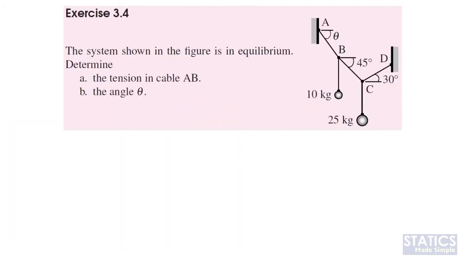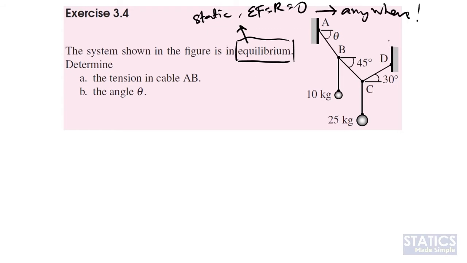For example, one of the questions might be something like this. One thing to note is when we say that the system is in equilibrium, it is static, right? Or basically, in terms of equation, the summation of forces, or basically the resultant, is equal to 0. Basically it should hold anywhere, at all points. So in this case, the summation of force is 0 at A, at B, at C, at D, at any point on this system. That's what we mean by saying the system is in equilibrium.